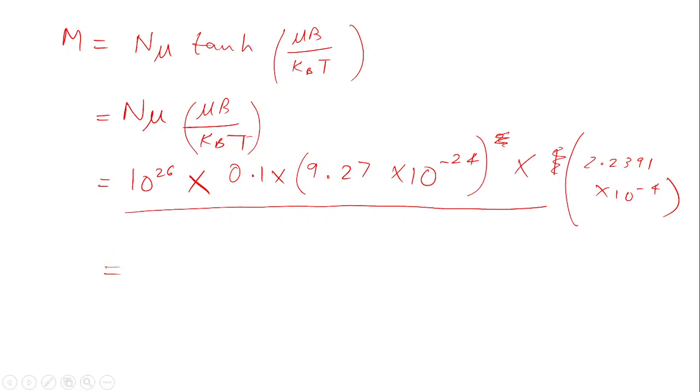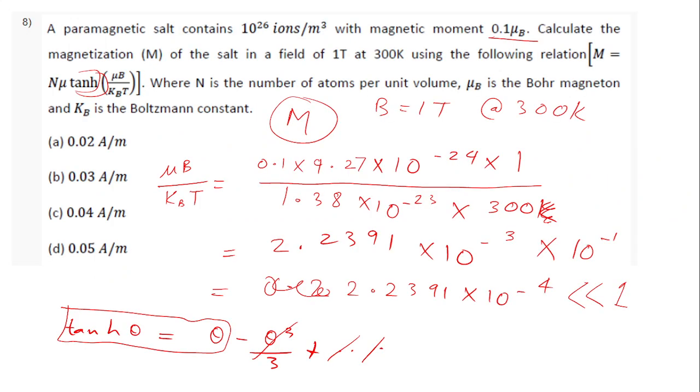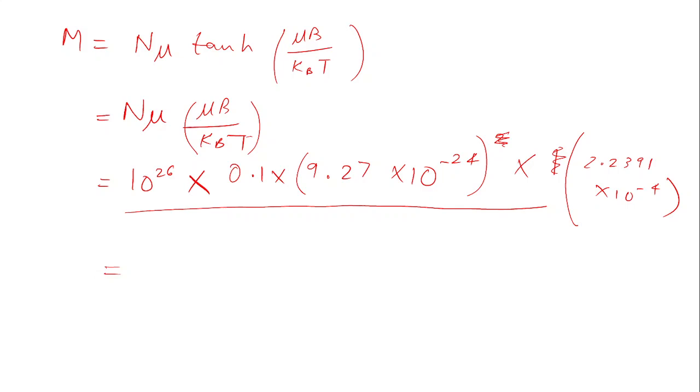So when we calculate this thing, we will get 2.075 or 6 rounding up, and the powers will be 10 to the power 26 minus 24 minus 4.